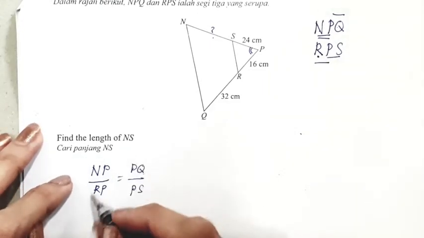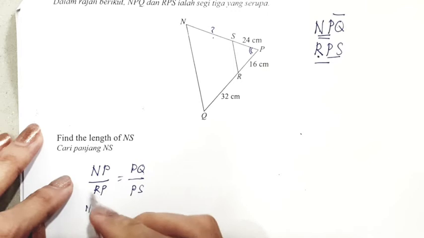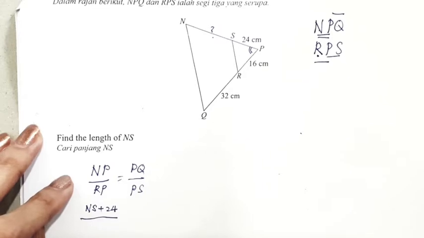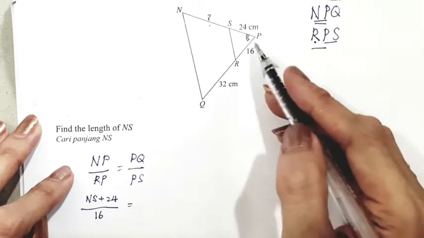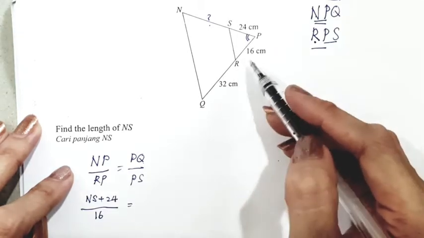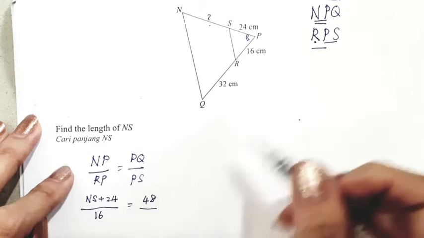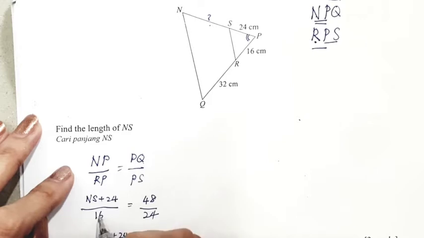Okay, so NP is an unknown, or we can just put NP is the result of NS plus 24. And RP, what is RP? RP is 16. And PQ, P to Q, 32 plus 16, so we will have 48 over PS, 24. And therefore, to find NS plus 24, this one go first.